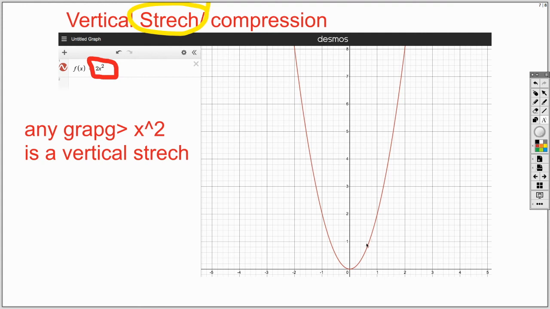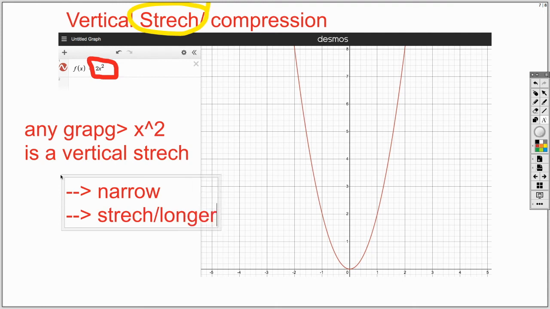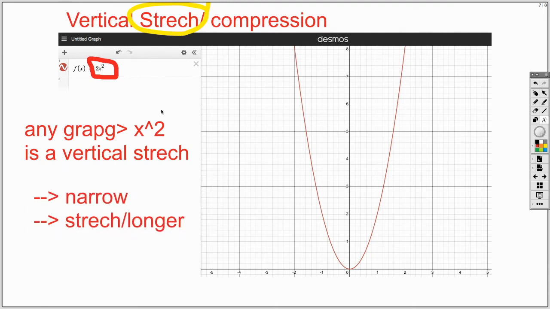I know you can't really tell with this graph, but if you go to Desmos yourself and check it out on the graphing calculator, you'll see that vertical stretches become more narrow and stretch taller. If you do not want to do that, then just remember, since it's 2x to the power of 2, it's greater than 1x to the power of 2, which made it a vertical stretch.